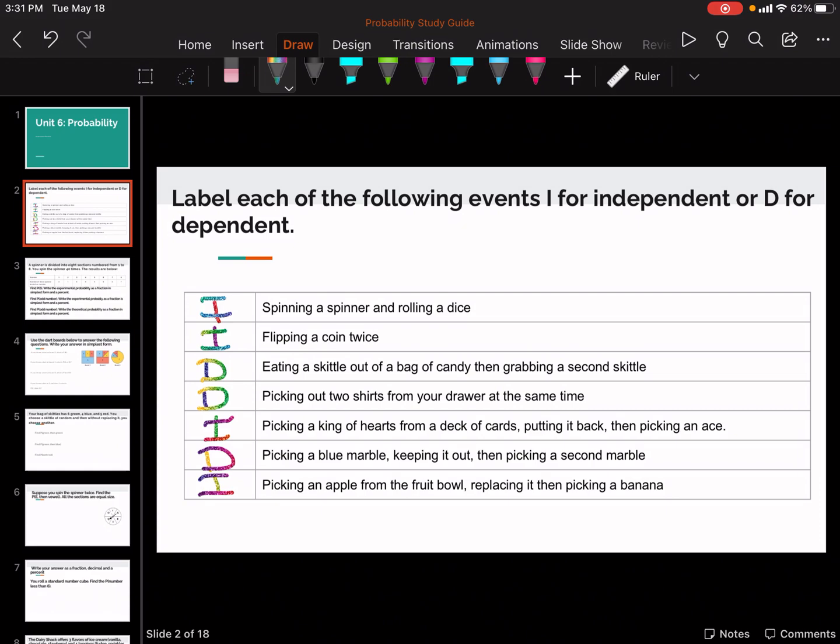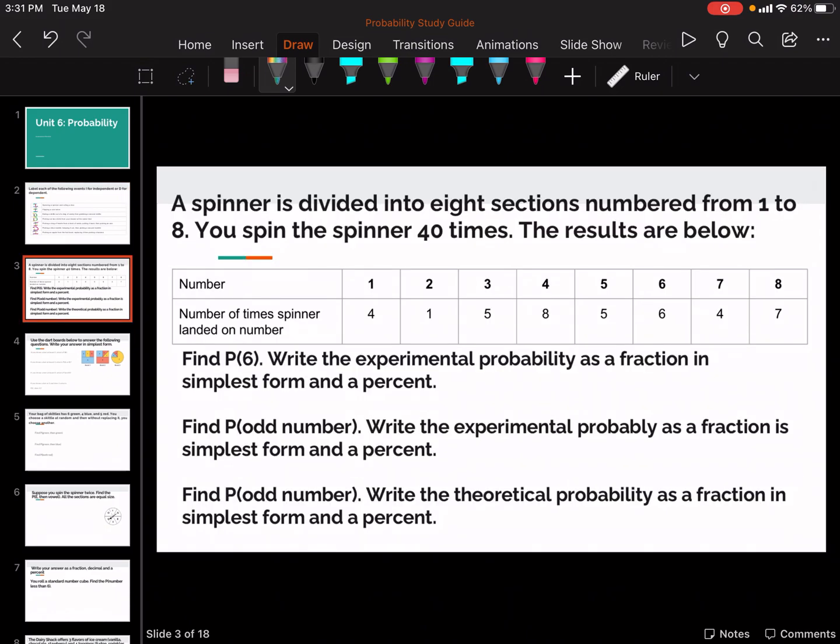A spinner is divided into 8 sections numbered 1 through 8. You spin it 40 times, the results are below. So this is going to be experimental because you've actually done it for these results. So the probability of getting a 6 written as a fraction.